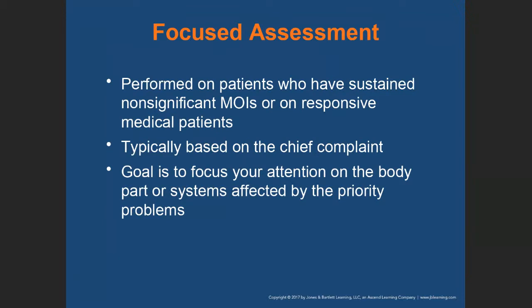And this can be done in your primary assessment. So you can do a focus assessment in your primary if the mechanism is localized, or where the medical patient can tell you exactly what's happening, typically based on the chief complaint. The goal is to focus your attention on the body part or systems affected by the priority problems.